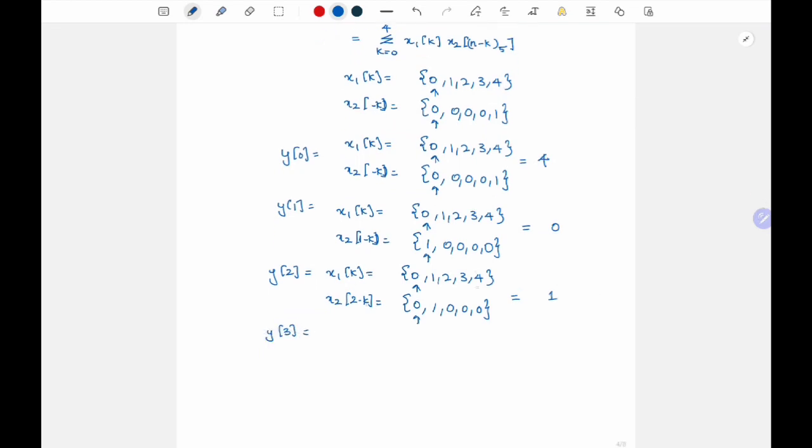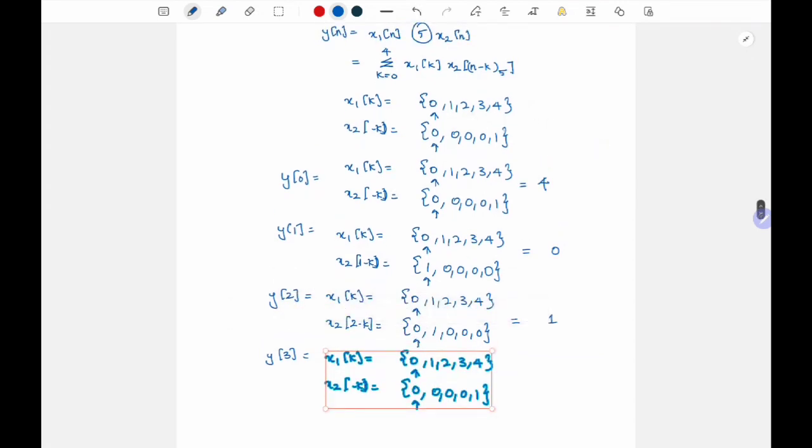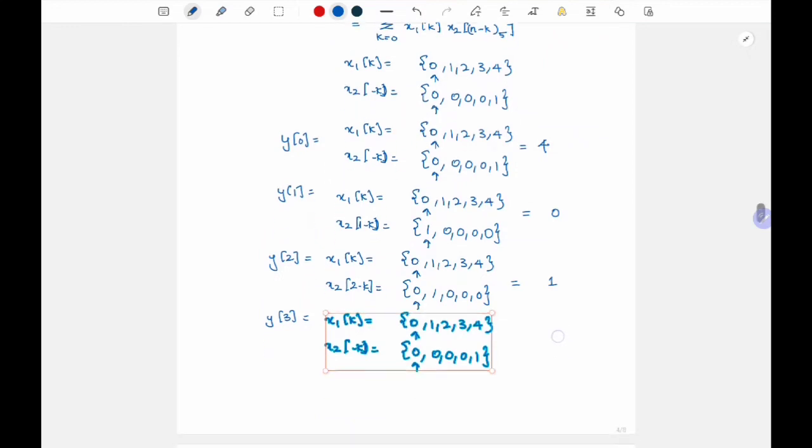And y of 3. Again, you don't have to write this every time. If you write it once, it's enough. You just keep moving this 1 and then you will get 4, 0, 1, 2, 3. Just for your sake to understand better, I am writing it out. Otherwise, if you are doing it in a GATE exam, you have to solve it faster. So here I have to shift by 3. So my 1 will come here, 0.